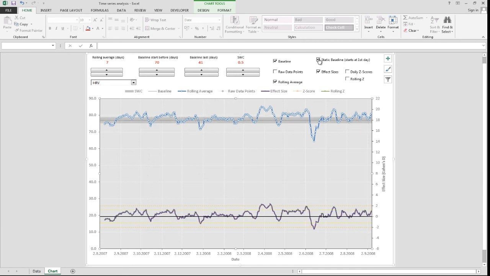So if you choose a static one or a rolling baseline, we can compare effect size with rolling Z. In this case, they correlate pretty much, as you can see. So again, I don't know which method is better or worse. We might need to do both or just take things into consideration.